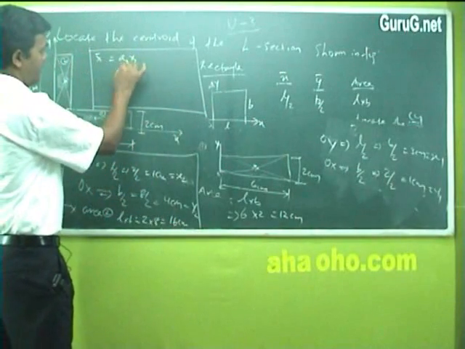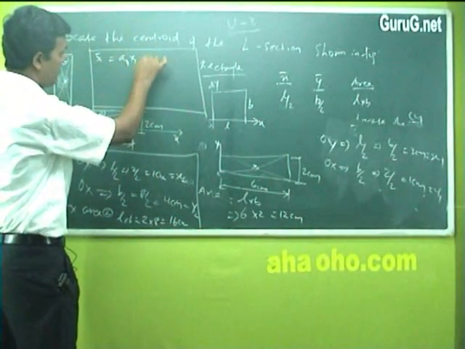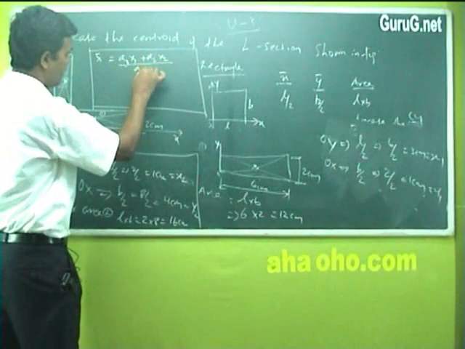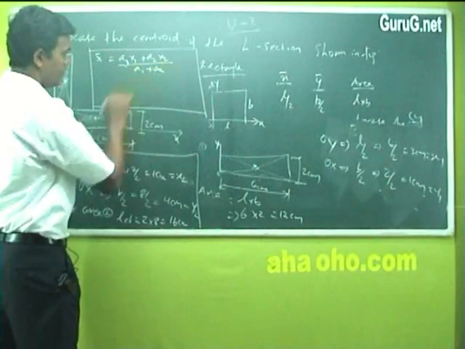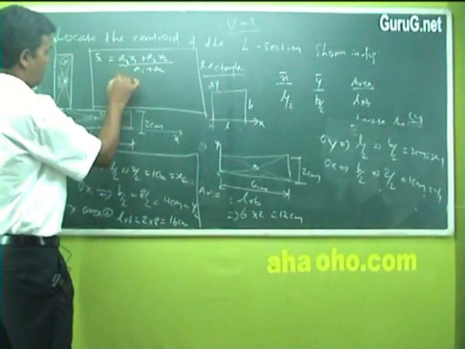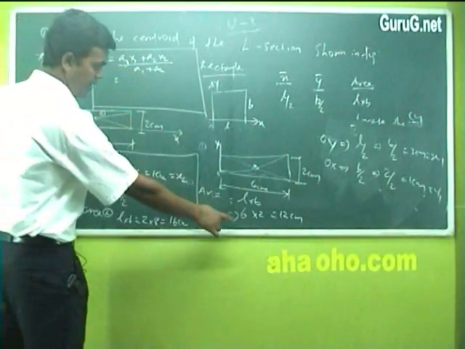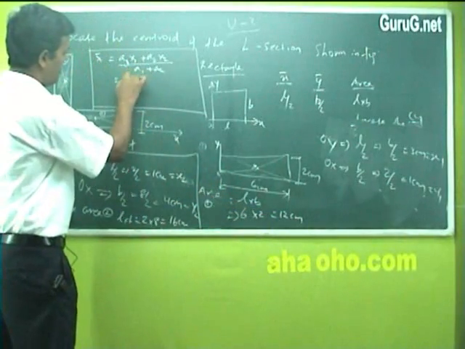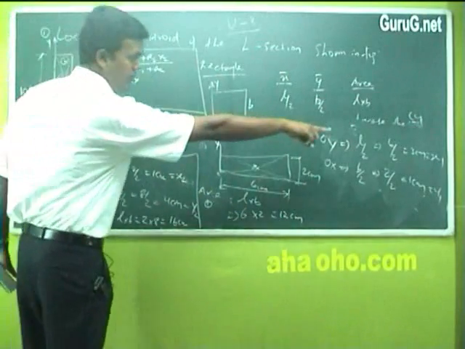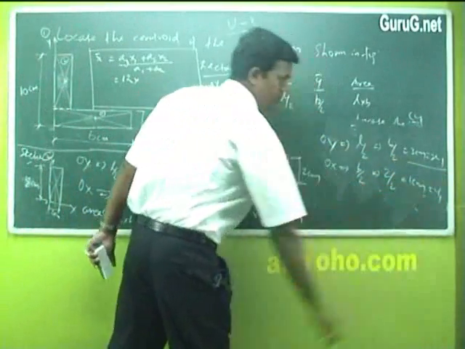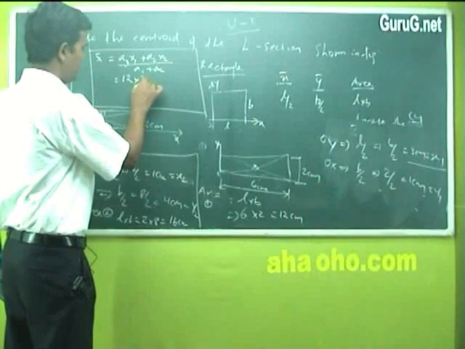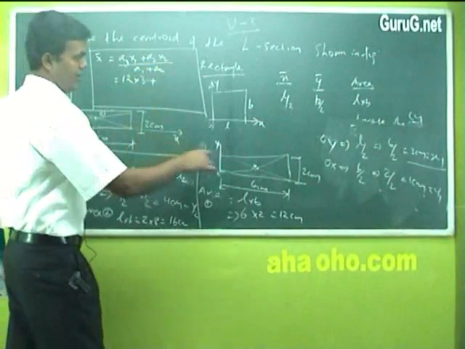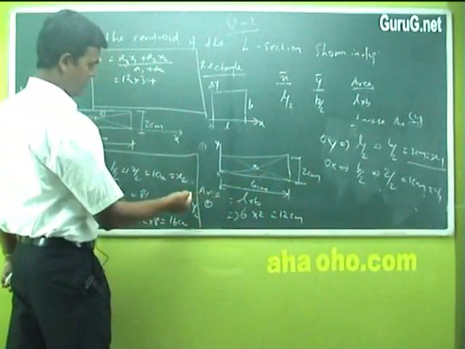Now here I am writing a1 x1 plus a2 x2 divided by a1 plus a2. This is my x bar value. What will I substitute here? What is a1? Area 1 is this, 12 centimeter. 12 into what is my x1 value? This is my x1 value, 3 centimeter. Plus here a2, what is my area 2 here?